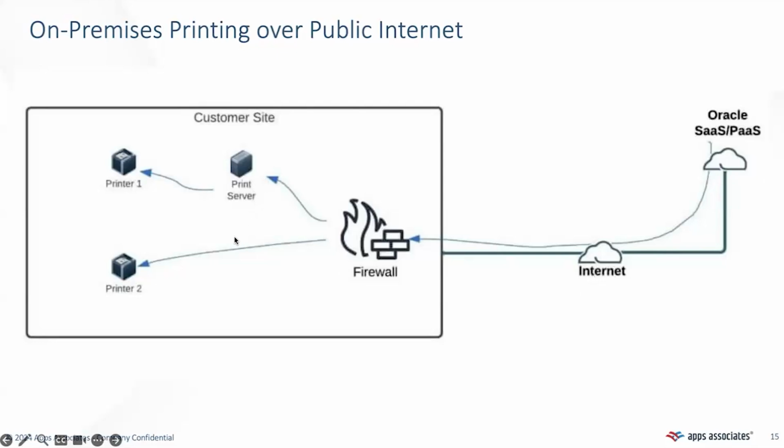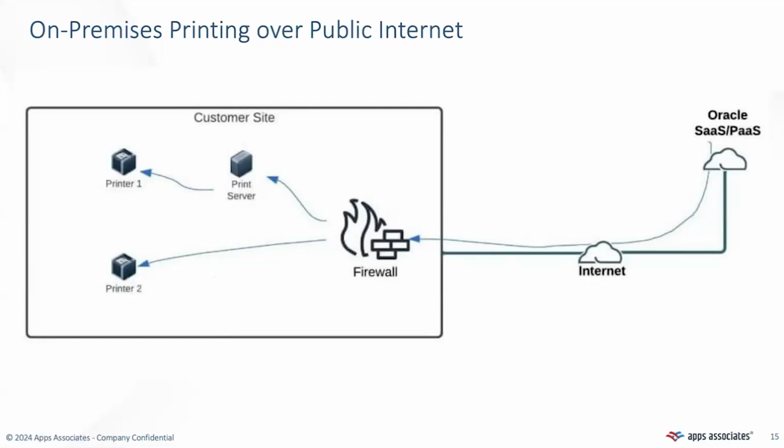Then there are different options here. If you have a print server, you can just hand it off directly to the print server, and the print server will take care of where it has to send it. If you don't have a print server, no problem. You can just send it to the printer directly.